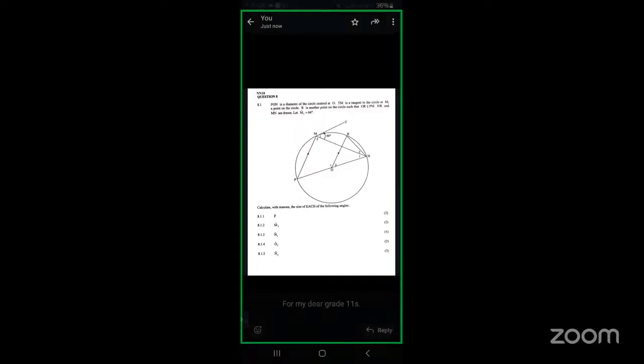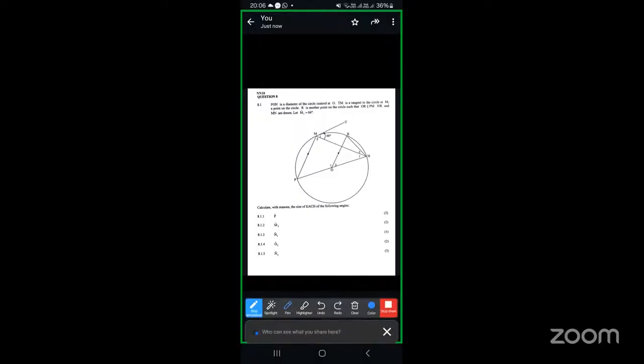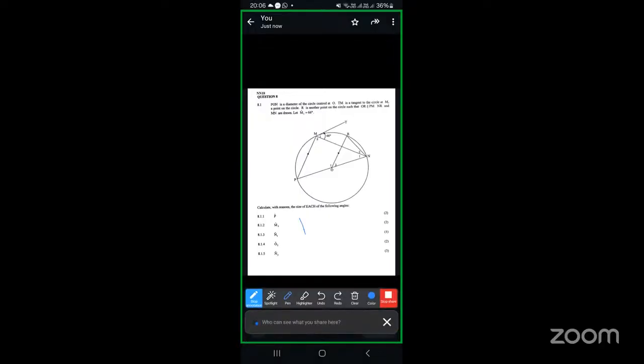Then I always recommend this. Always. This will help you a lot: DRCPT, Dr. Cape Town. So the diameter right there. Is there any diameter on the circle that you are looking on the screen now?